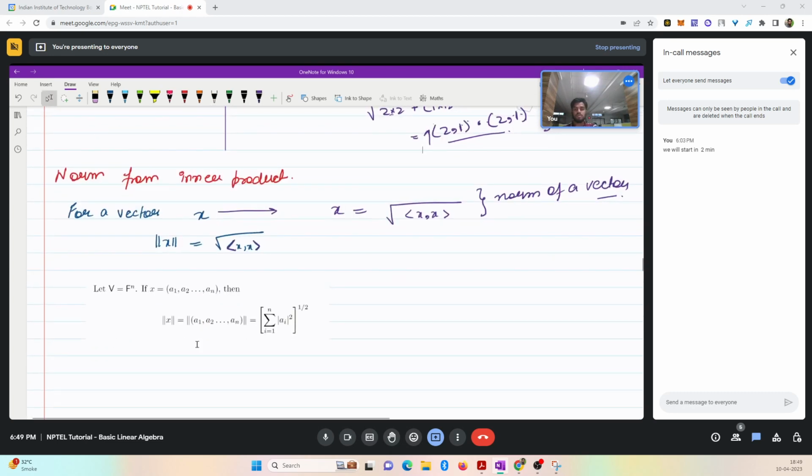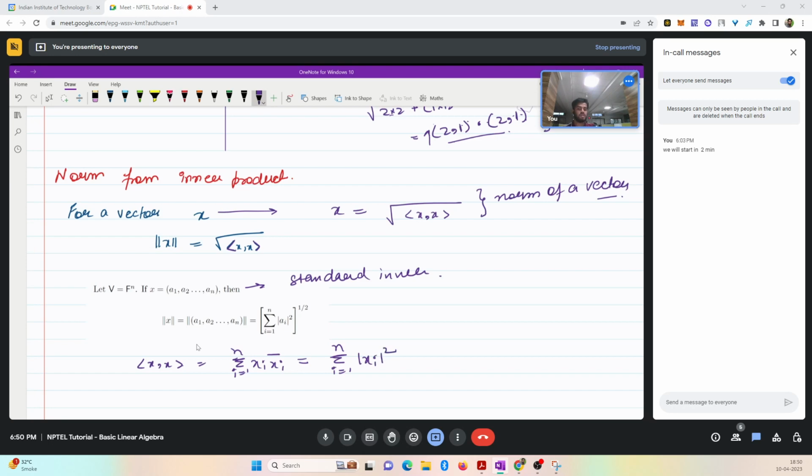So let's say we have Fn where the dot product is your standard inner product. Then what we would have got, (x, x) was the summation from i equal to 1 to n of xi conjugate xi, which is the summation of mod xi square, right?